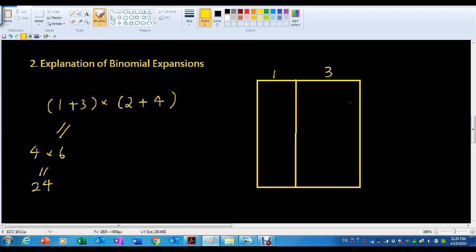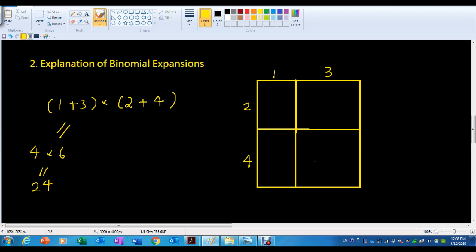So that's 1, 3 along one side, and for the other side, let's say this one is 4, this one is 2. Of course, the scale is not perfect.